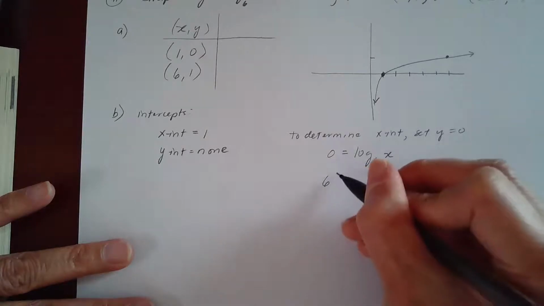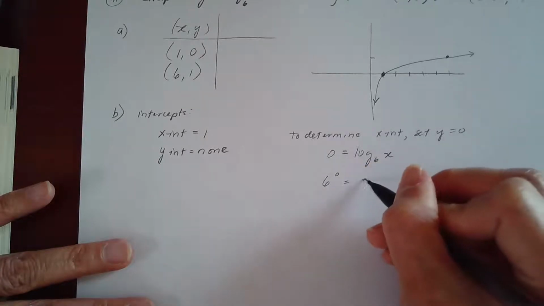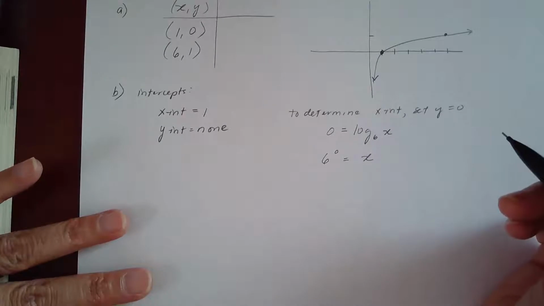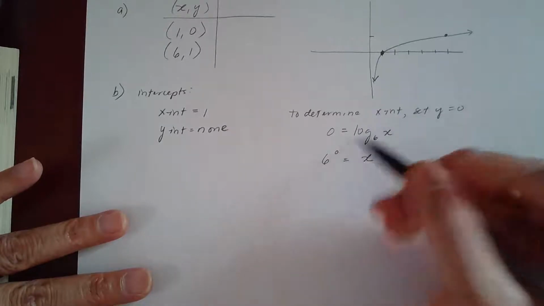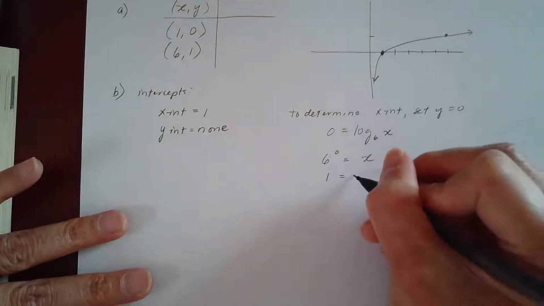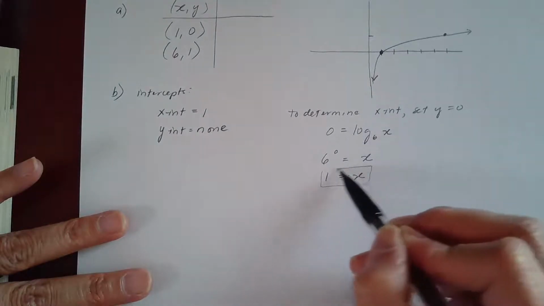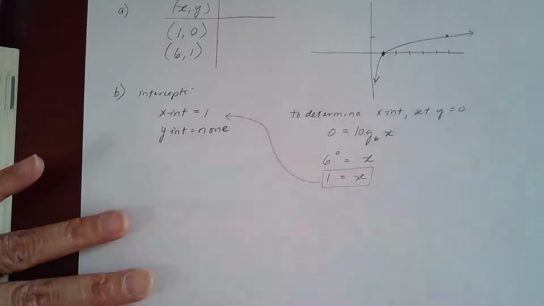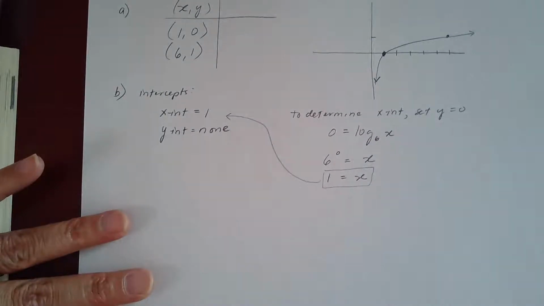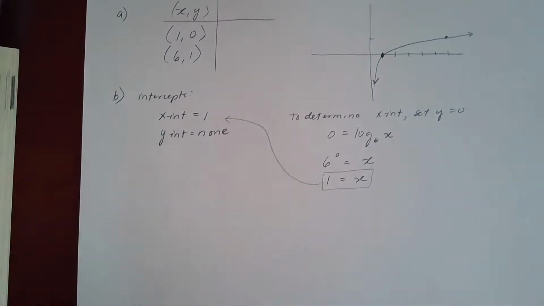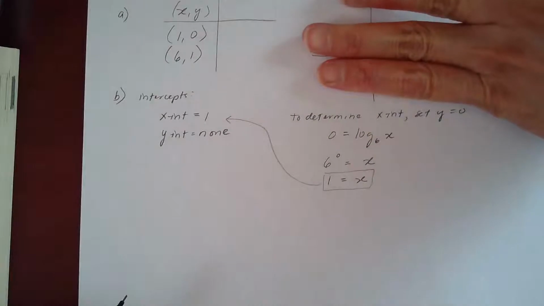So 6 to the 0 equals to x. Okay, and what's 6 to the 0? 6 to the 0 is 1. So x-intercept is 1. Okay, so even if we didn't have this graph, we can calculate it.